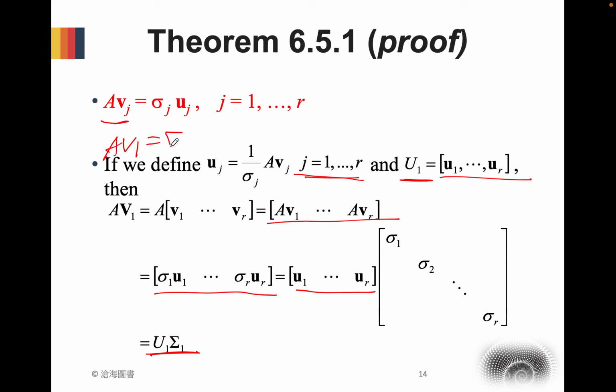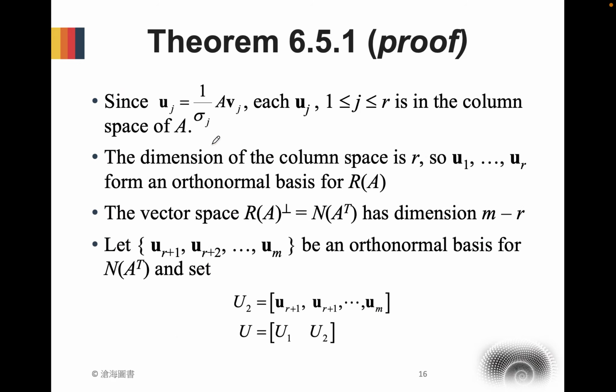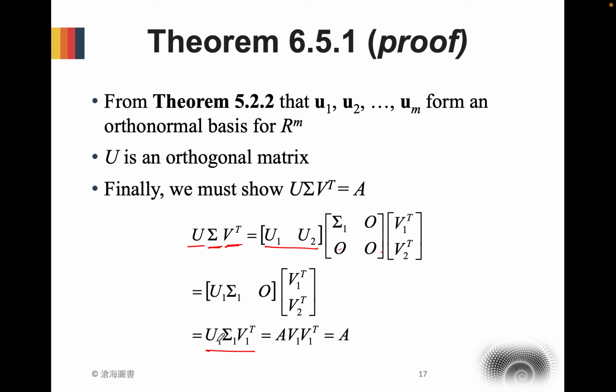AV1 is actually equal to sigma 1 U1 here. So finally, this can be reduced into AV1 times V1 transpose. And because V is an orthogonal matrix, this is equal to the identity matrix, so the final result is equal to A. So finally, we prove that in this way, we can do singular value decomposition for the matrix A.